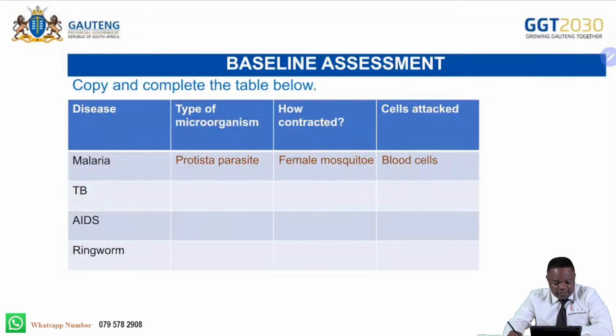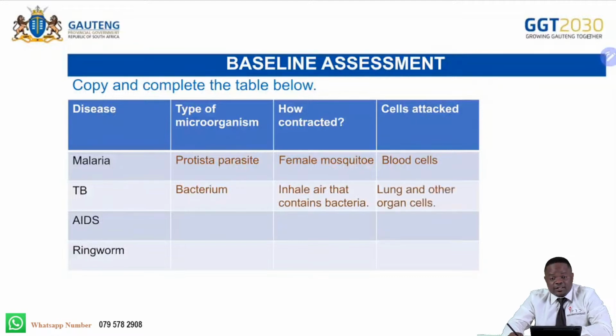And then TB or tuberculosis, the type of microorganism is a bacterium which causes tuberculosis. This is through the inhalation of air that contains bacteria. The cells that are attacked are those in the respiratory system, the lungs, and some other organ cells. I hope you were able to get that one correct also. And then AIDS, which is caused by the HIV virus.